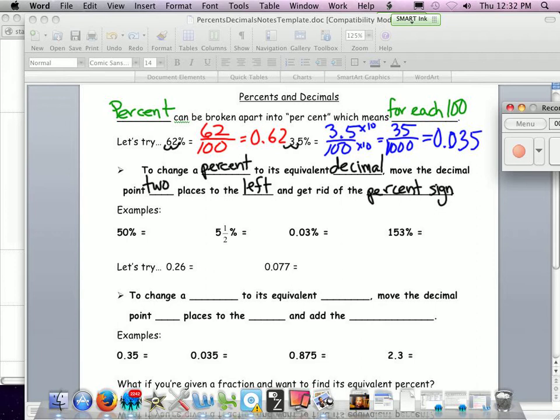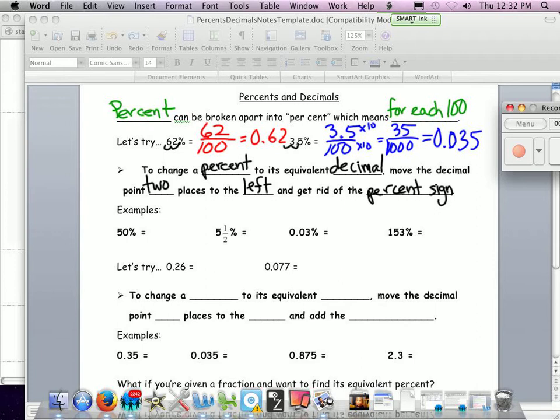I personally get confused with left and right, so I do that for 50%. I go, 50% is the same as what decimal? Swoop. And that reminds me which way to swoop things. So 50% is the same as what decimal? Sir? 0.5.